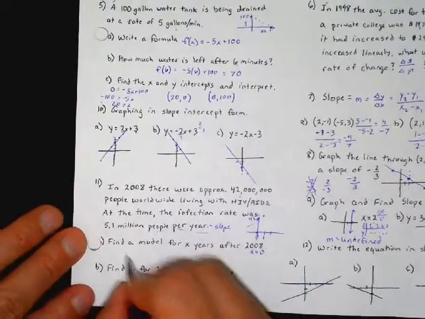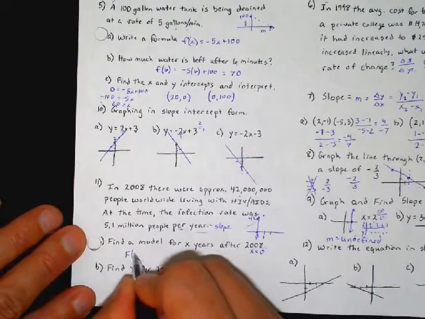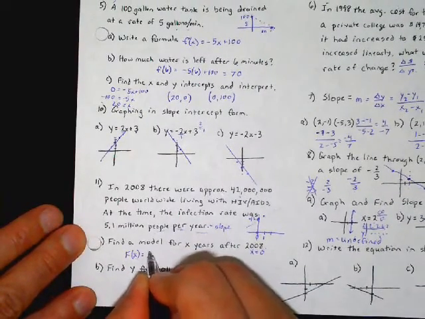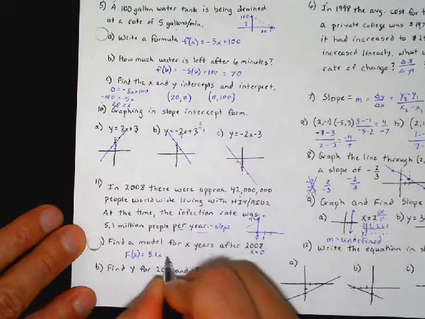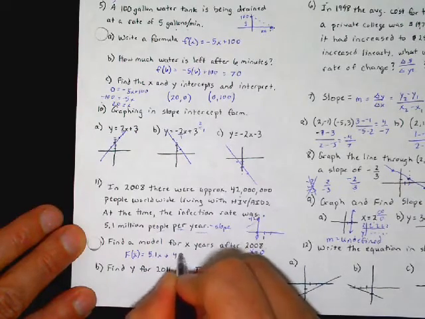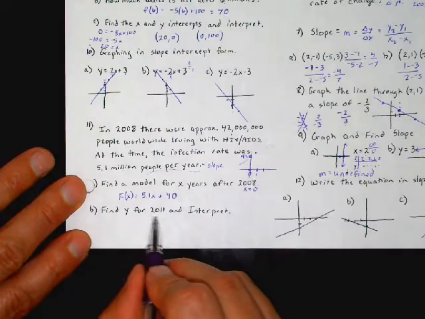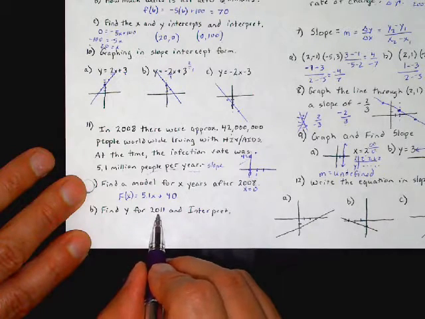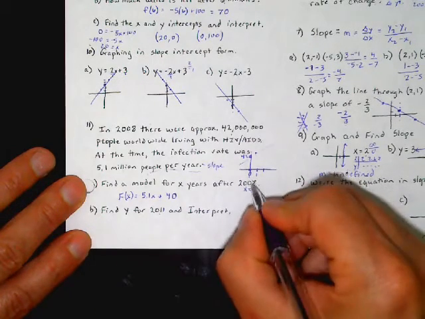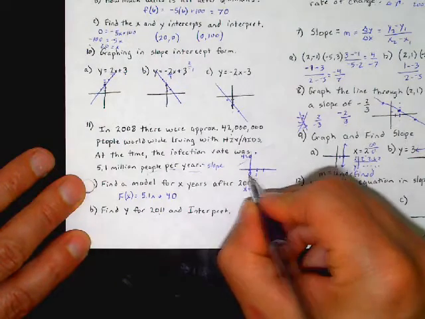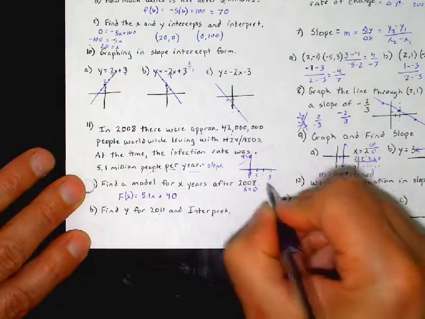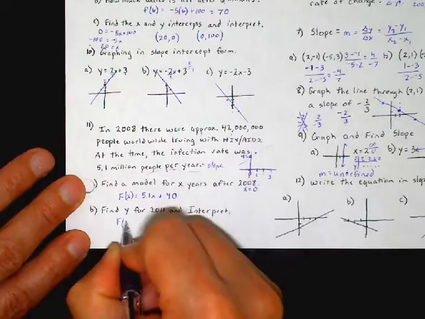So the model, number of infections would equal 5.1x plus 42. We're just going to say this is all in millions, so we won't put the extra numbers there. Okay. So 2011. So if 0 is 2008, 9, 10, 11. So we're looking for f of 3.